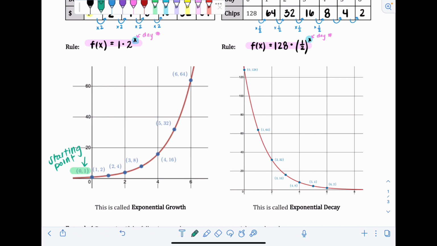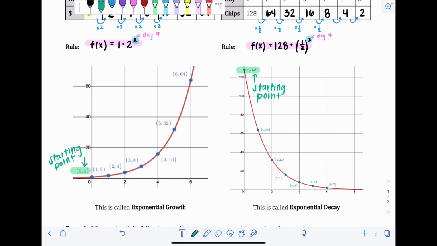And then if we look at the other graph, our y-intercept is 0, 128, and that's because we started with 128 ounces of chips. So that was our starting point again. So the y-intercept is really for all functions, but it comes in handy for exponential functions. The y-intercept is going to be your starting point.